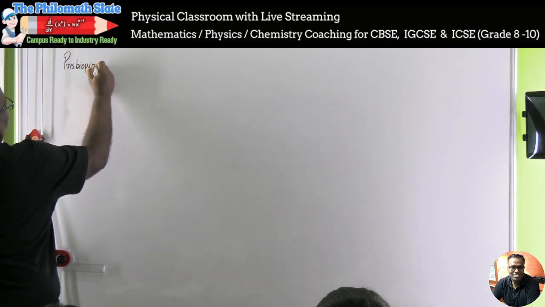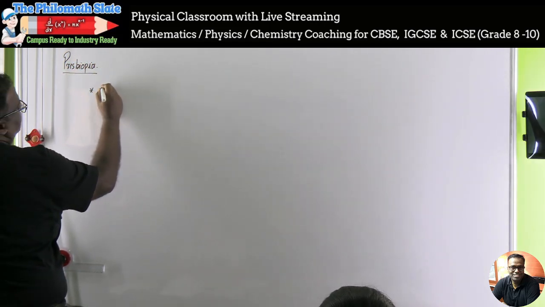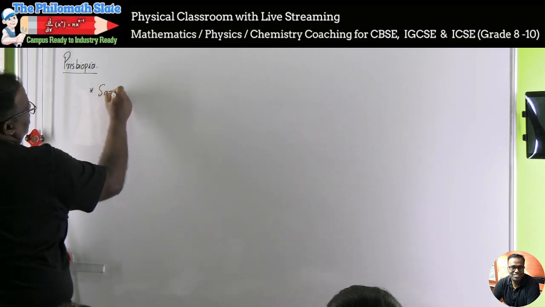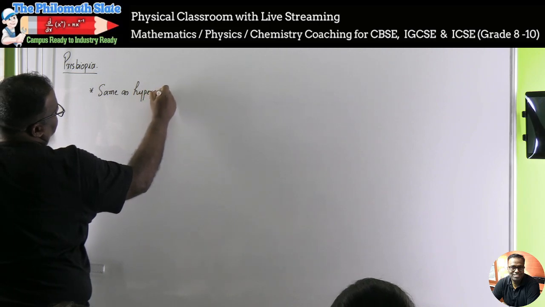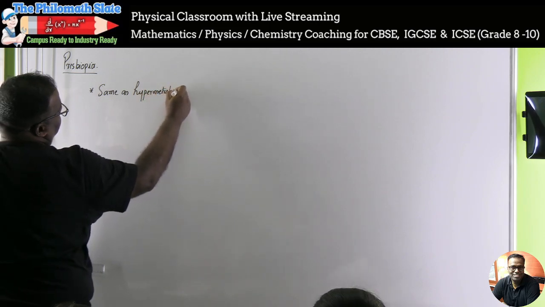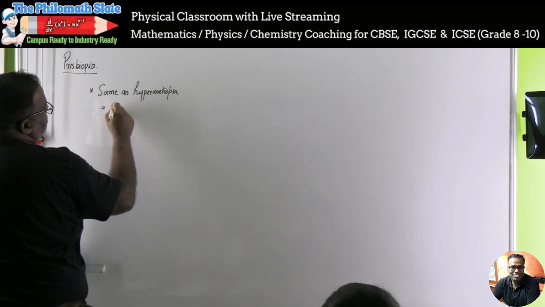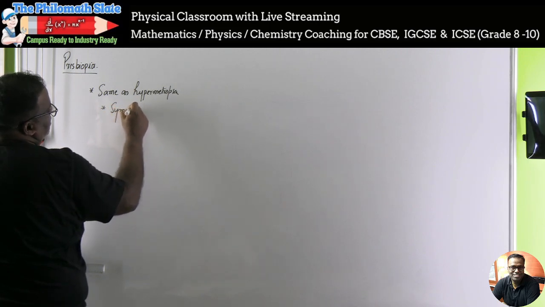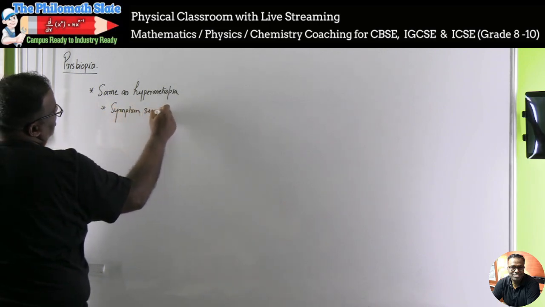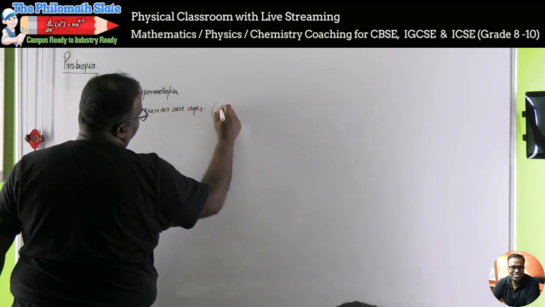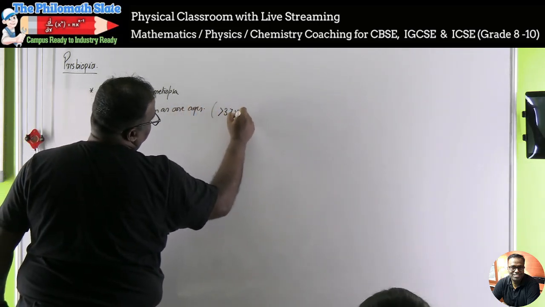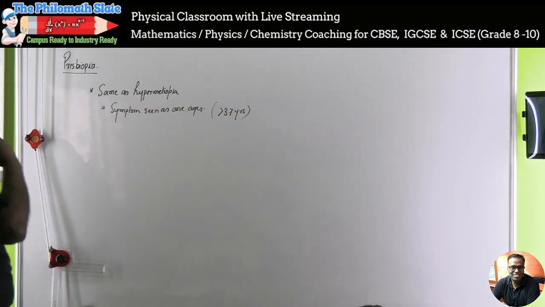Presbyopia. This is same as hypermetropia, but this is a symptom seen as one ages. Usually anytime after around 37 years the symptoms will start appearing.